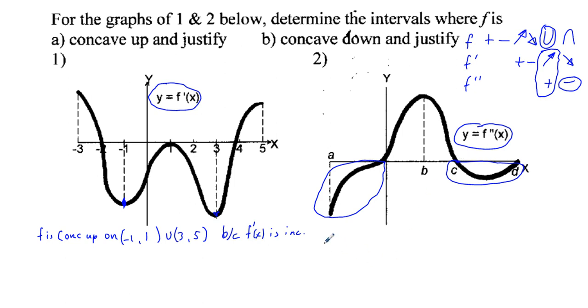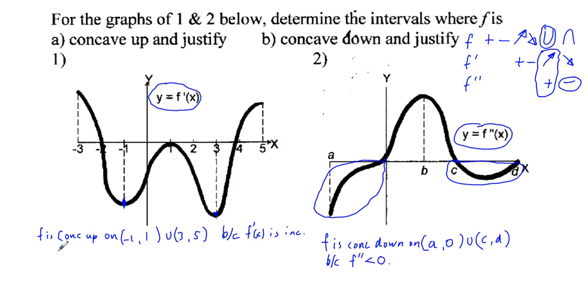So we will say F is concave down on intervals from A to, it looks like this is the origin here, so we'll say A to 0, and also from C to D. And I'm going to just write it below here, because f double prime is less than 0.